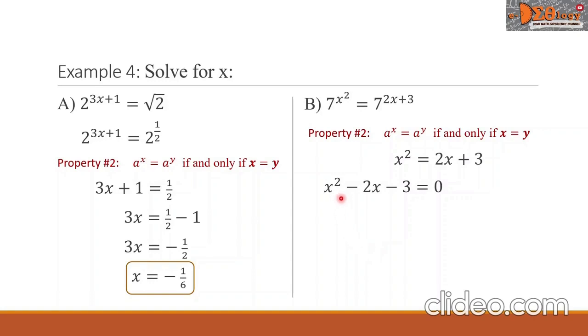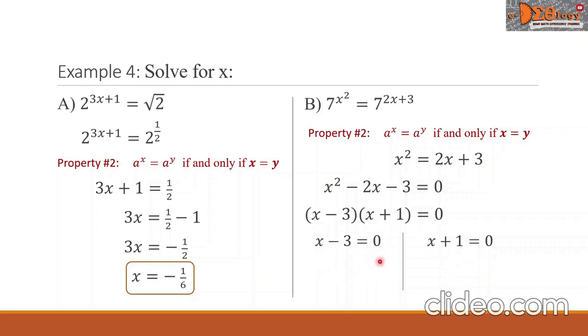So the factors of x squared minus 2x minus 3 are x minus 3 by x plus 1, then equals 0. Next step is we equate each factor to 0. So we have x minus 3 equals 0, then x plus 1 equals 0. Let us solve for x respectively.